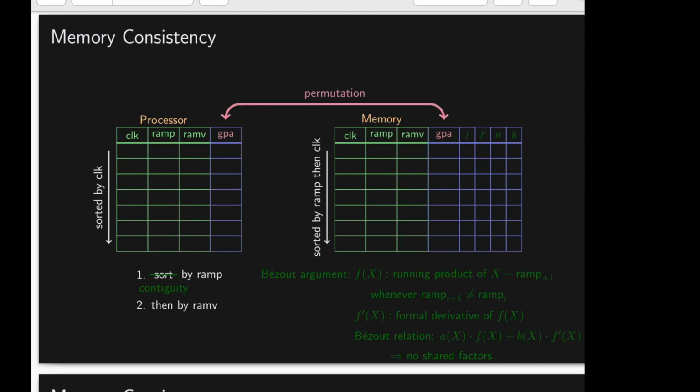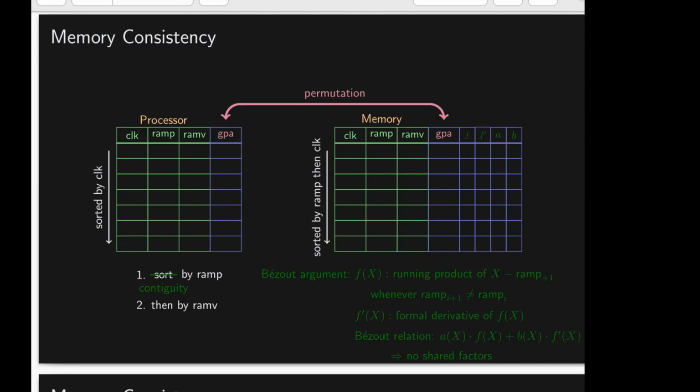If we compute the greatest common divisor of the polynomial and its formal derivative, their greatest common divisor is 1 if and only if no factors are repeated. And so we need to know what the cofactors are in this Bézout relation, but we can supply them. And then we just enforce the fact that this relation at the end of the table is satisfied. And then we know that there are no shared factors, meaning that no region of constant RAM pointer is entered into twice.